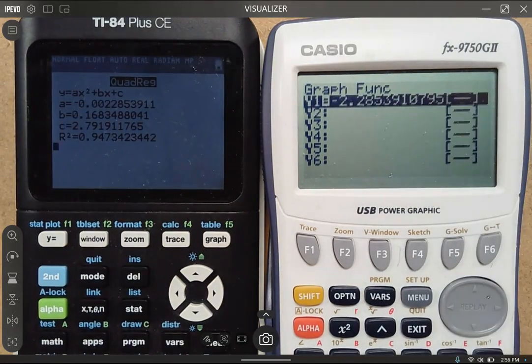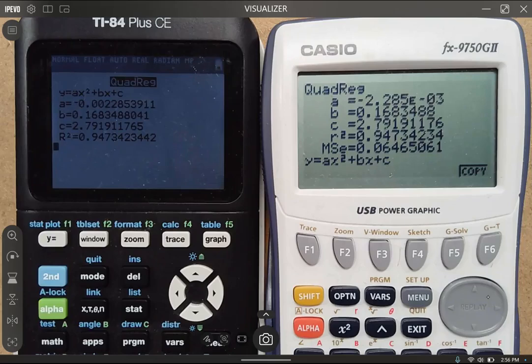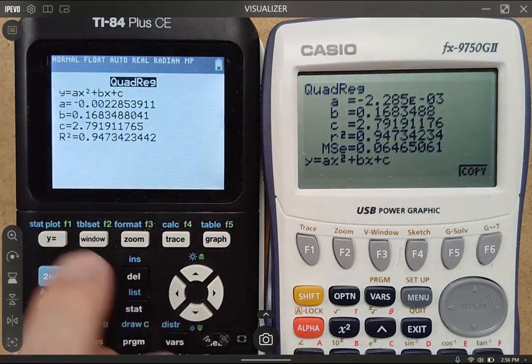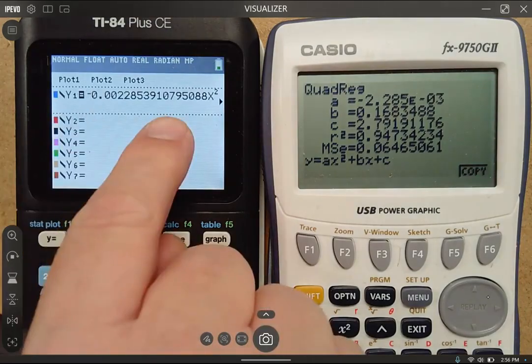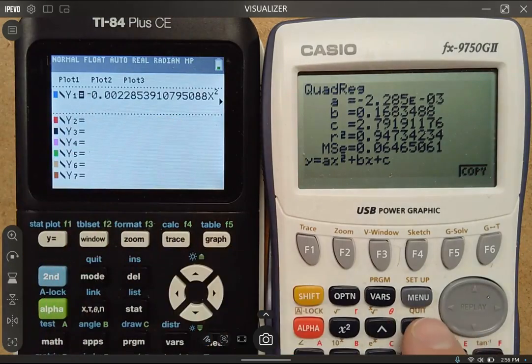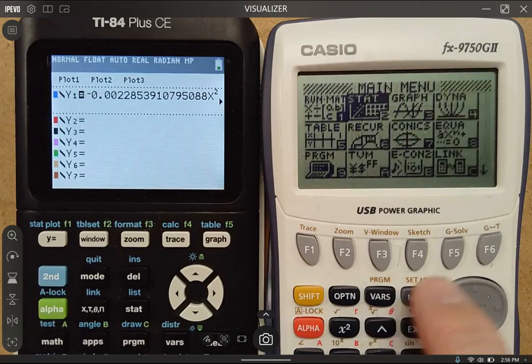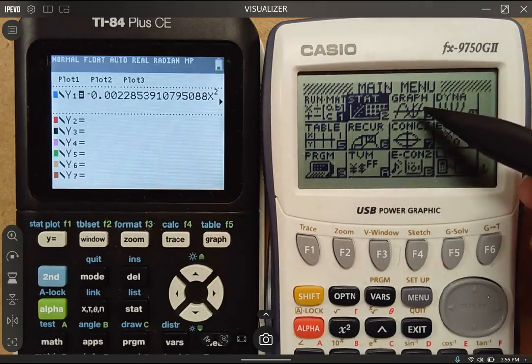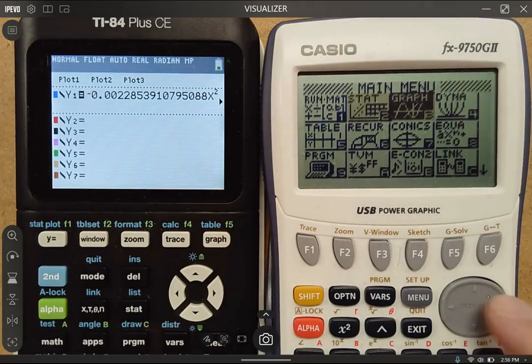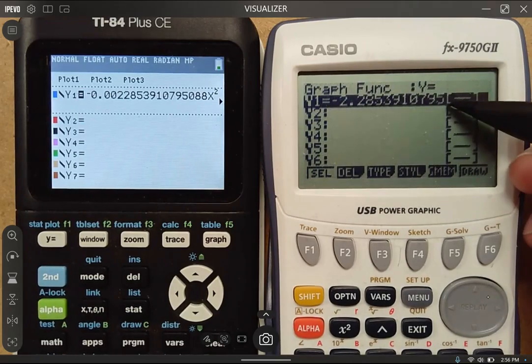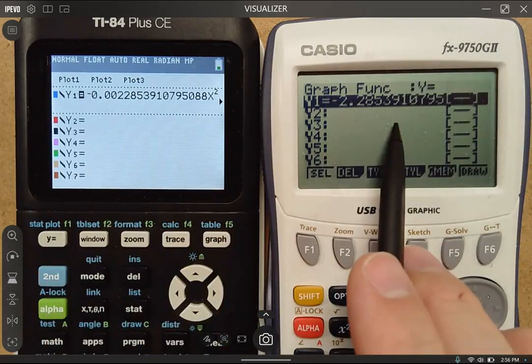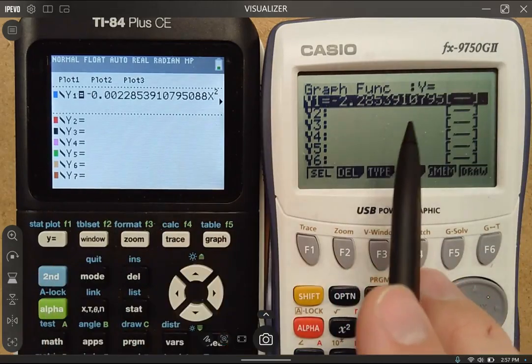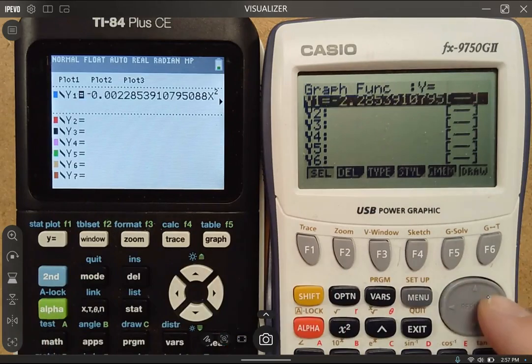So do that, and then you hit enter, and it has been stored. We can double check, just like we did on the TI. Went over here and saw, hey, it's in there. I can do the same thing. Exit out of that, go to menu, and maybe go over to either graph or table where I can see my y equals, and there's my equation. Okay, so we have our equation inputted, which is what we want.